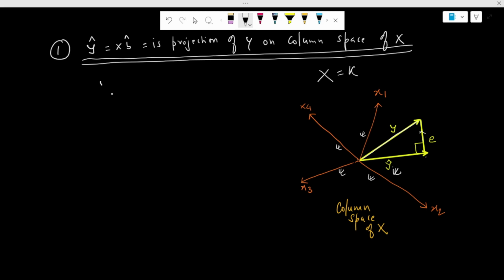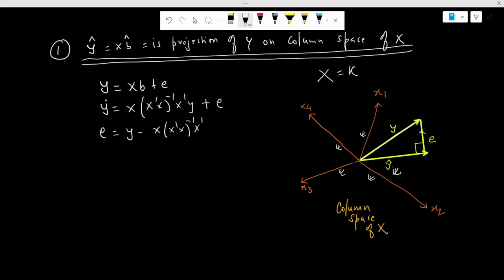The matrix notation of the linear regression equation is given by y is equal to Xb plus e. Let us substitute the value of the beta estimate. So this is equal to (X transpose X) inverse X transpose y plus e. Therefore e is equal to y minus (X transpose X) inverse X transpose y.